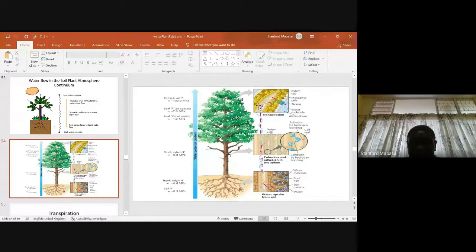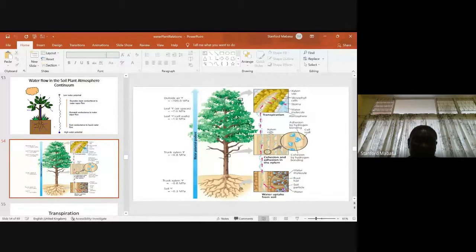Here again, I've got the structure of the tree. What I just want to indicate is that at the roots, we have got high water potential. And in the canopy and the leaves, we have got low water potential.